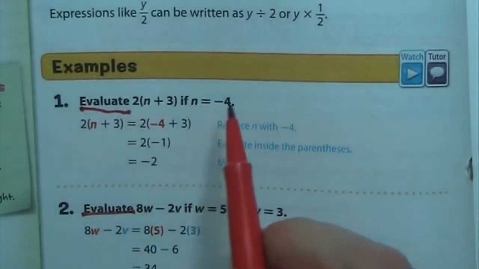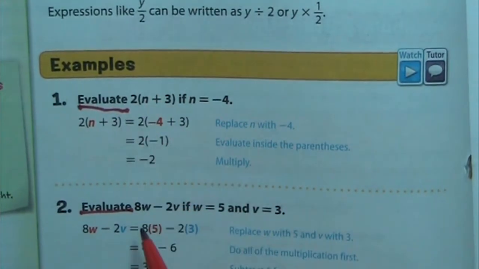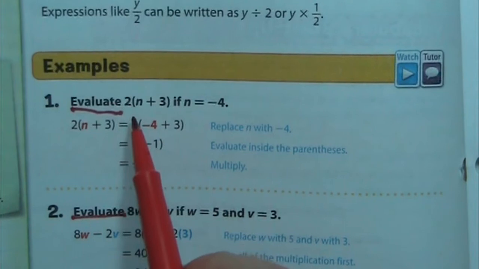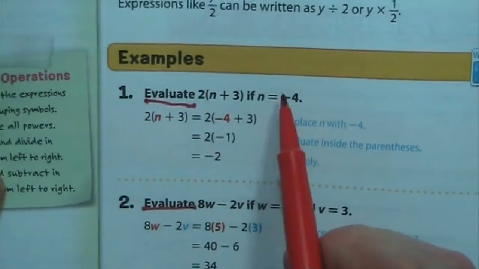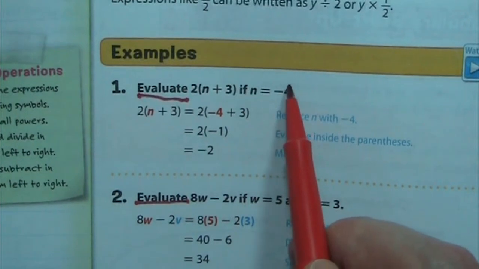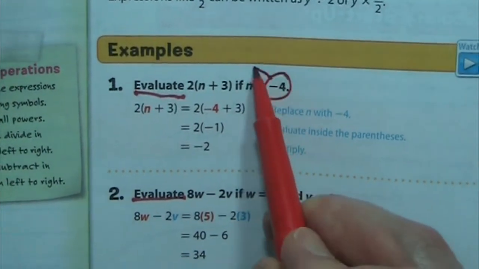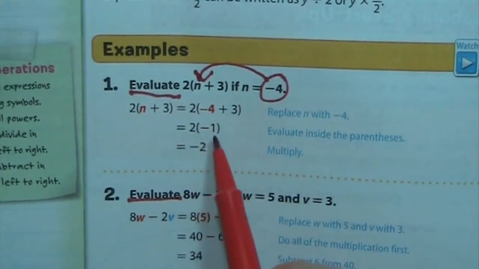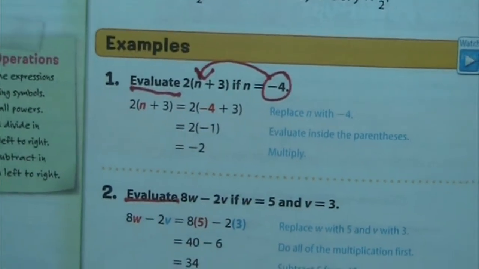Evaluate means you take a number and plug it in for the letter. You substitute it. Replace it. So in this case, 2n plus 3, they said, what if n is negative 4? You take the negative 4 and plug it in there for n, and you get an answer, a value. Simplify it.